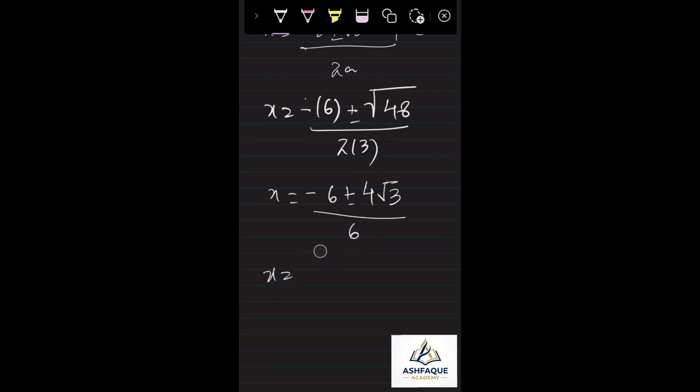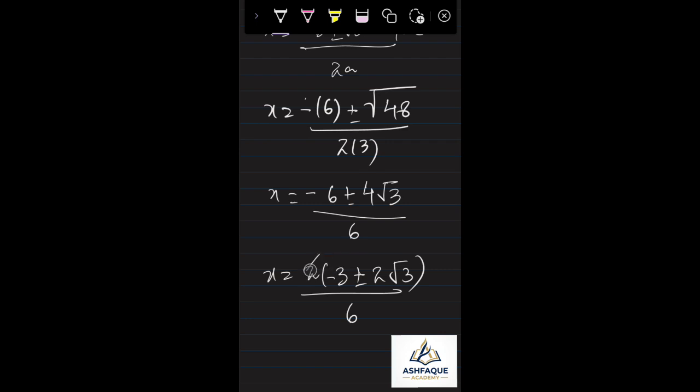So x is equal to, we will take 2 as a common, so 2 times minus 3 plus minus 2 under root 3, upon 6.